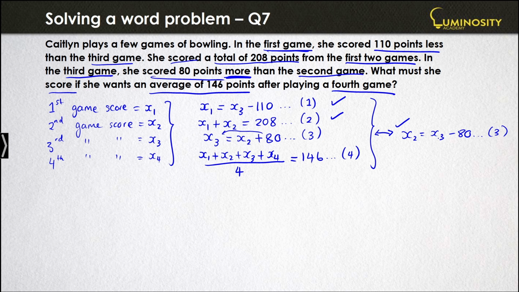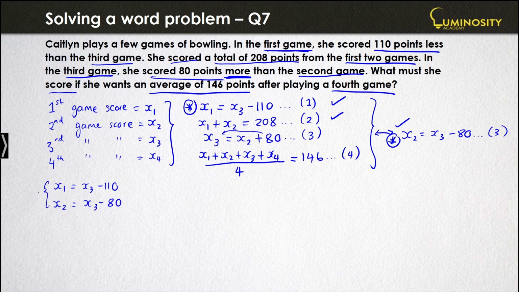So if we add equation 1 with equation 3, why am I doing that? Well, the left-hand sides of the equations are x1 and x2. So let's write out equation 1. It's x1 equals x3 minus 110. And the third equation is x2 equals x3 minus 80.